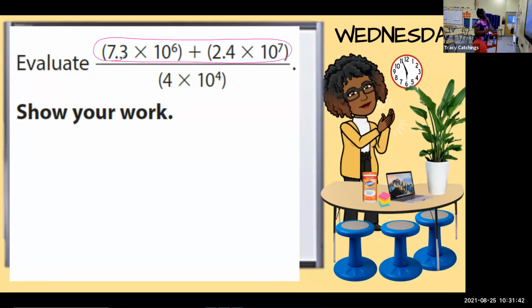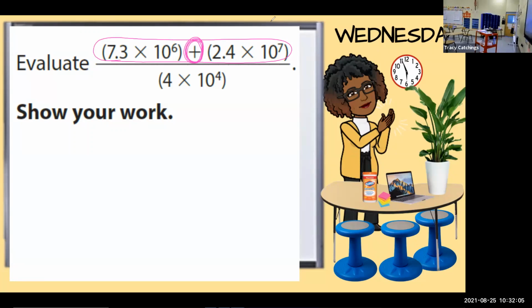All right, they are adding. The first step with adding told us to make sure what? They have to have the same power of 10. Good job.